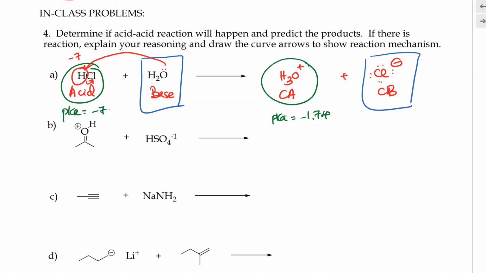So we will then see that the product side has a higher pKa. So that means water wants the proton more, because when it has the proton, this is how much potential it has for the proton, which is much higher than HCl. So therefore, equilibrium will be favoring the product side.